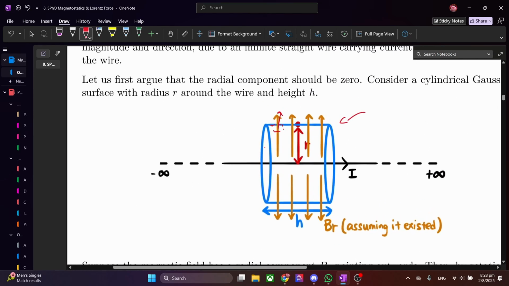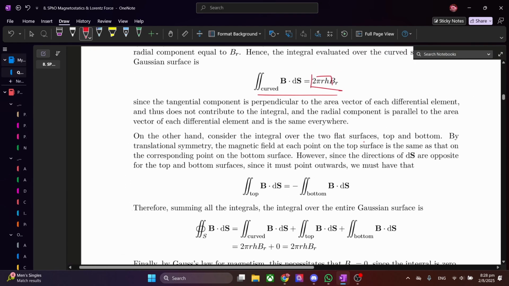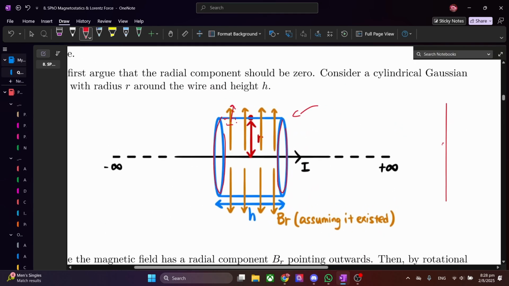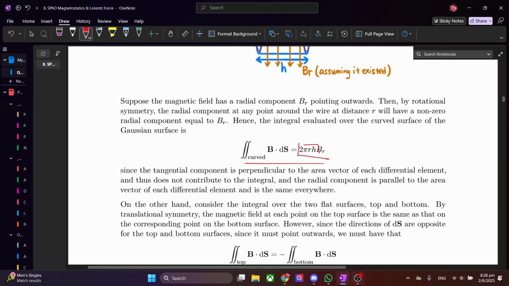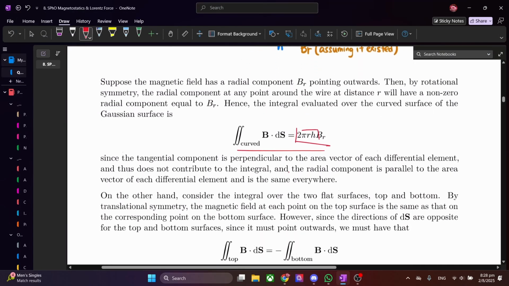Then the next thing we need to find is the integral of the magnetic field on each of these surfaces. To do that, this time we use translational symmetry, because another symmetry of the wire is that we can move it up and down and it doesn't really change, because the wire we're considering here is infinite.